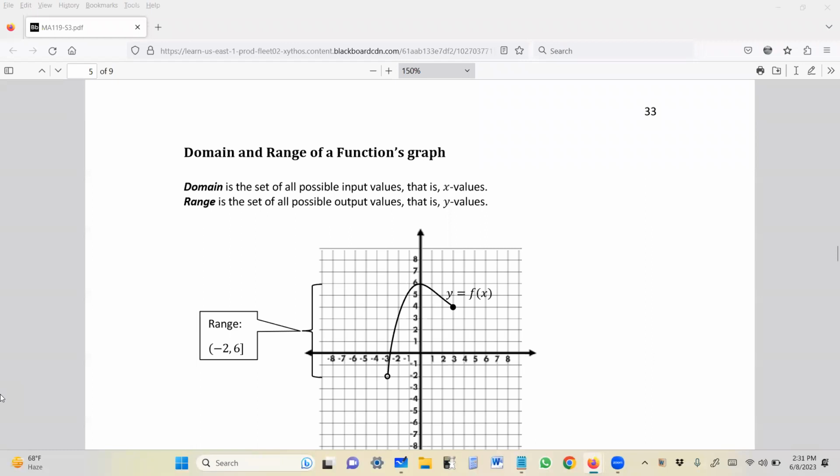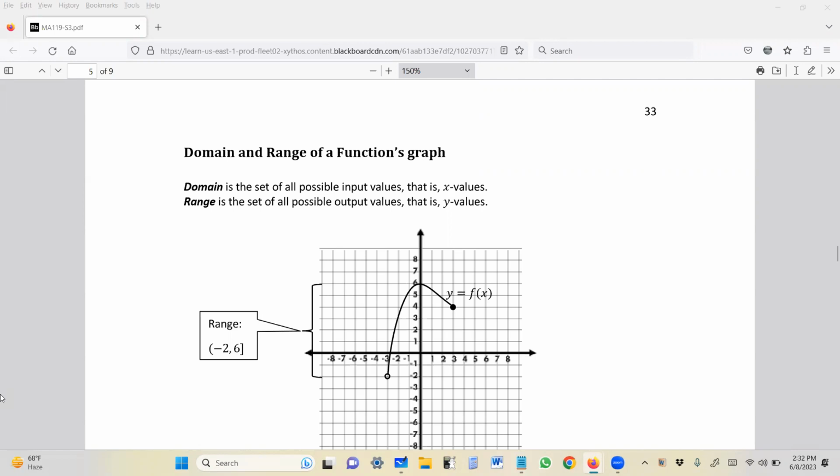Okay, everybody, this is still section 3, but now part B, dealing with domain, range, x and y intercepts of functions, and determining values of the function when their graph is given.